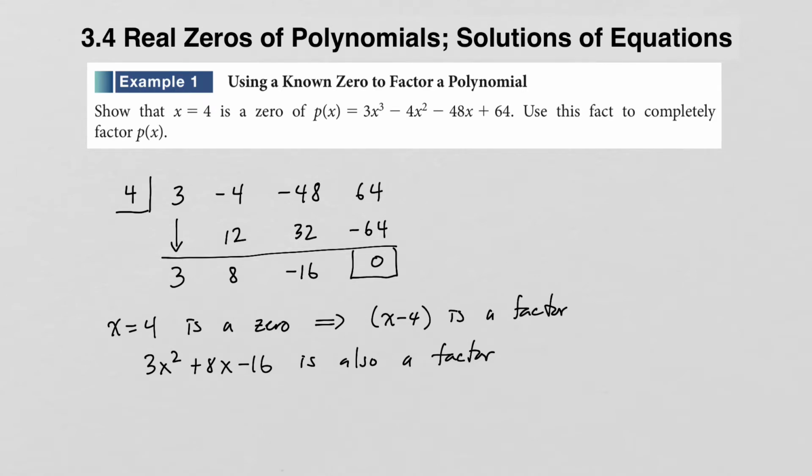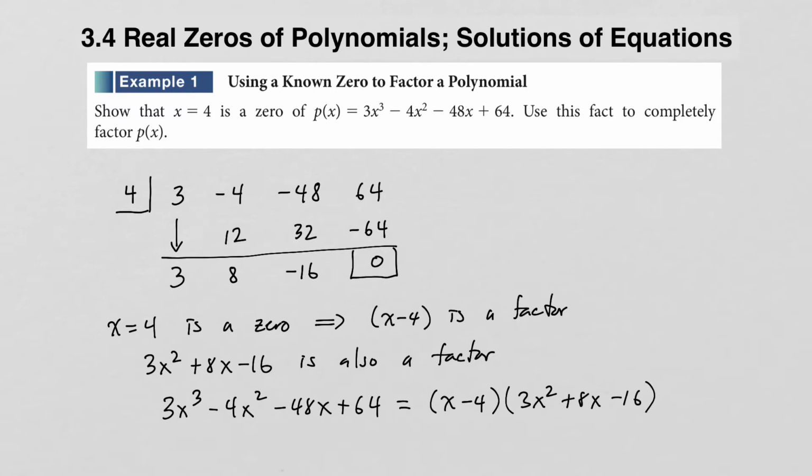And this means that the original polynomial 3x cubed minus 4x squared minus 48x plus 64 can be factored into x minus 4 multiplied by 3x squared plus 8x minus 16.